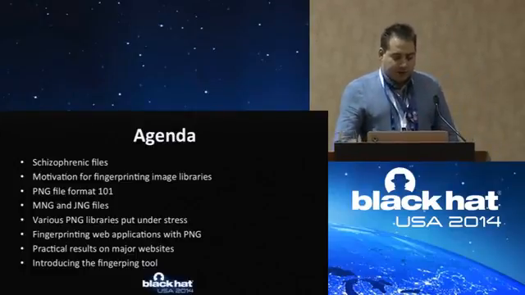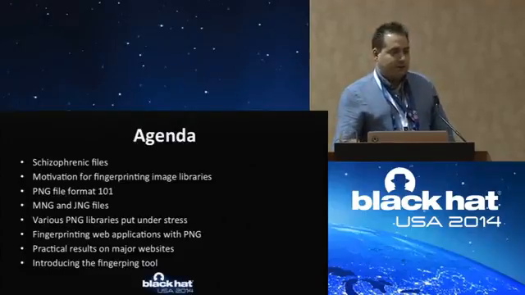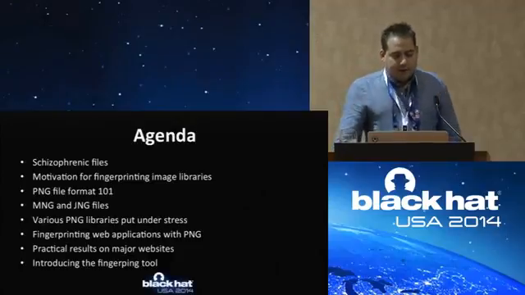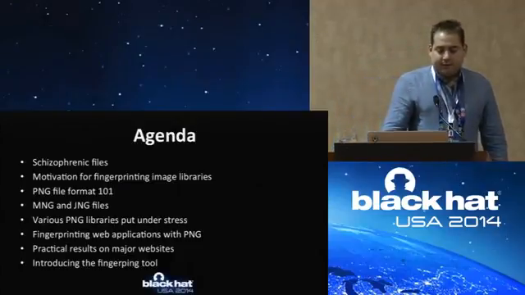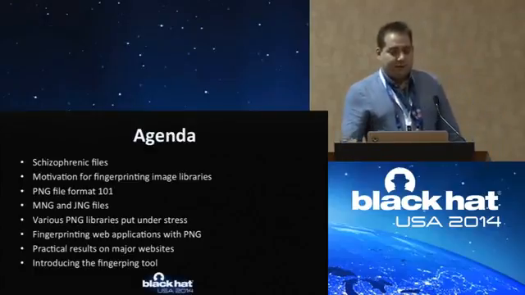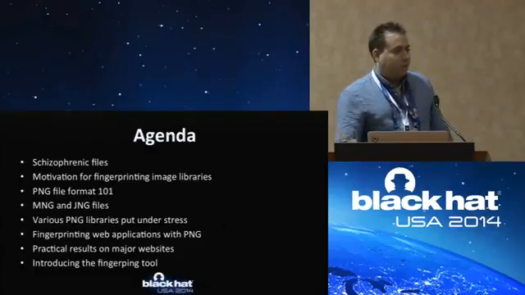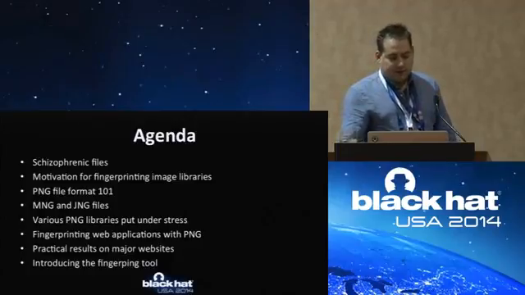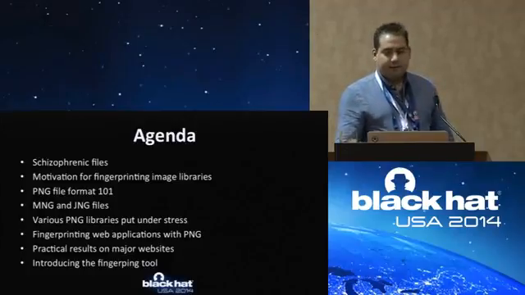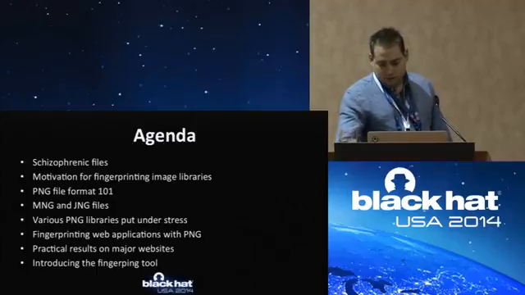Then we'll show how we can differentiate quite a few common PNG libraries. Then I will show how to apply that to web servers, and I will show some practical results on some big websites. And I will present small tools that can automate these things.